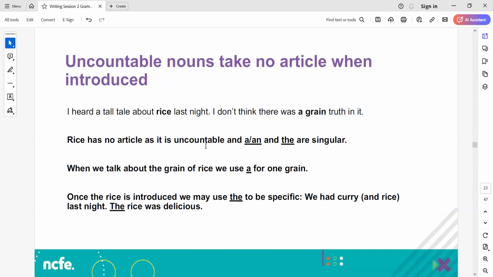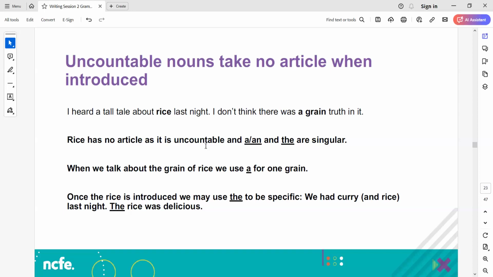So we just talk about it, and we don't use an article when we introduce it. Like with a tree, we're introducing it. I heard a tall tale about rice last night. I don't think there was a grain of truth in it. So rice has no article.